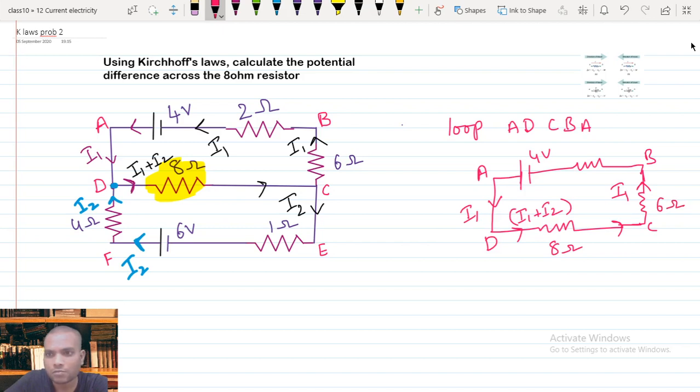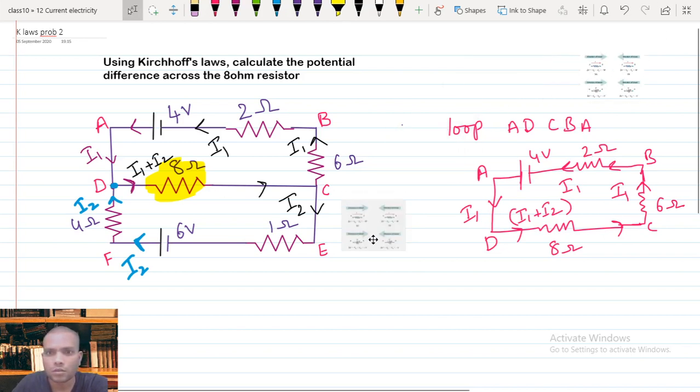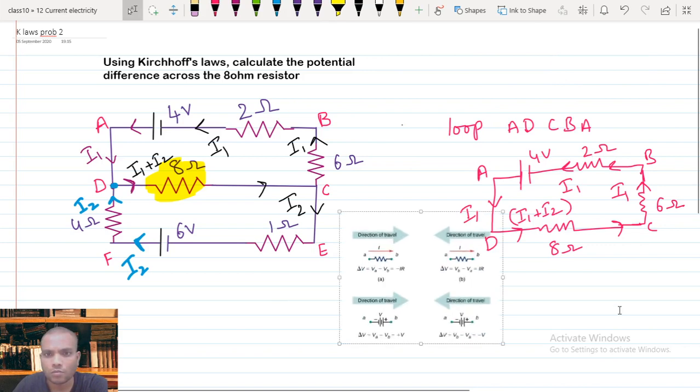This is 6 ohm, and the same current I1 also flows in this direction, and this is 2 ohm. Now we need to apply the loop rules. So for that, just try to remember the loop rule.